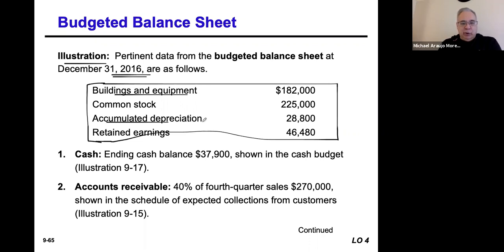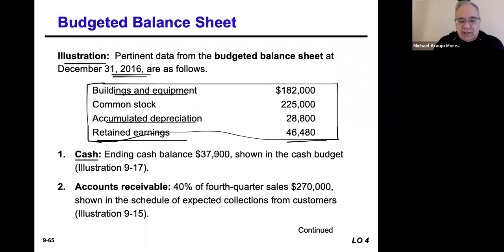When you look at your budget, you'll see depreciation expense two places. You'll see it first in the manufacturing overhead budget, and second in the selling and administrative expense budget. Put those together, add it to that. Retained earnings, that's the beginning balance. We just projected we had another profit. Add those together. That's the retained earnings balance.